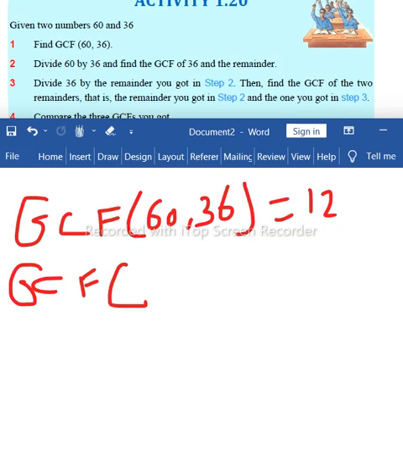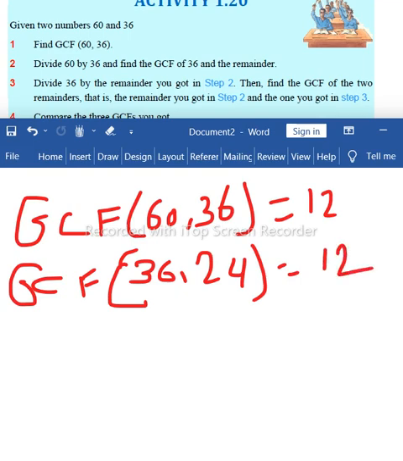When we divide 60 by 36, we get 1 and the remainder is 24. So the greatest common factor of 36 and 24 is again 12.